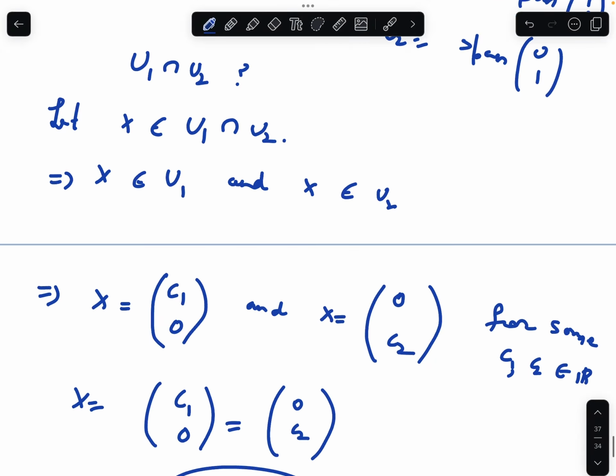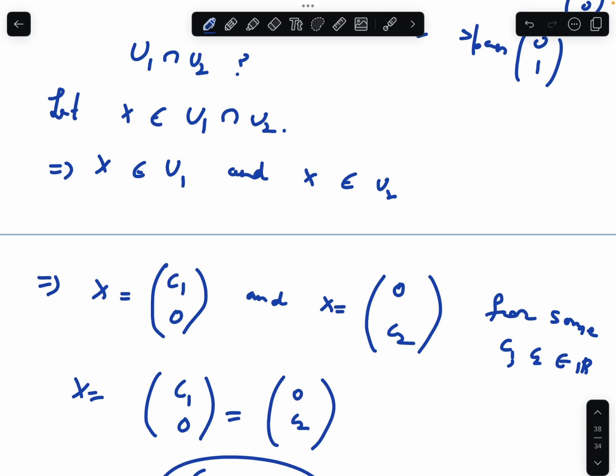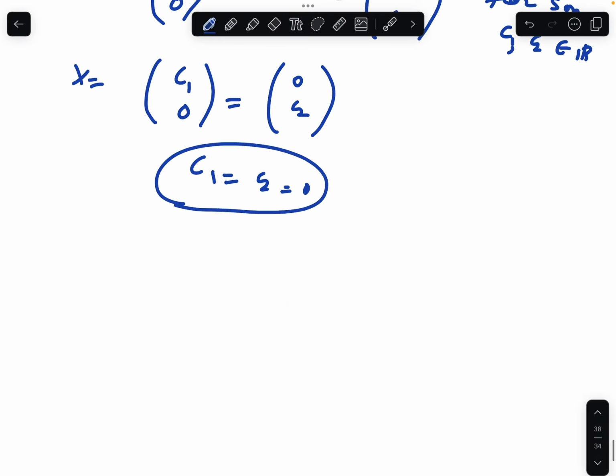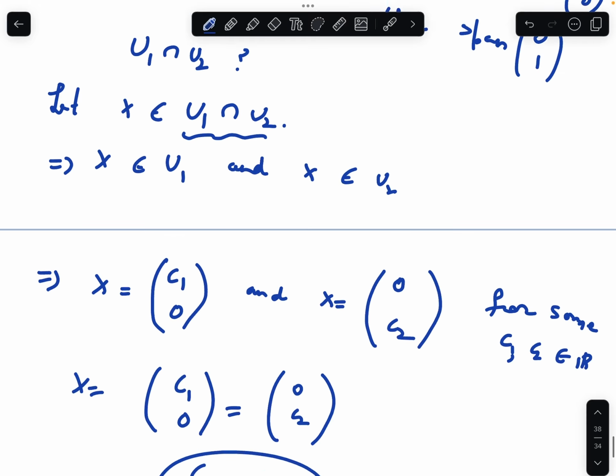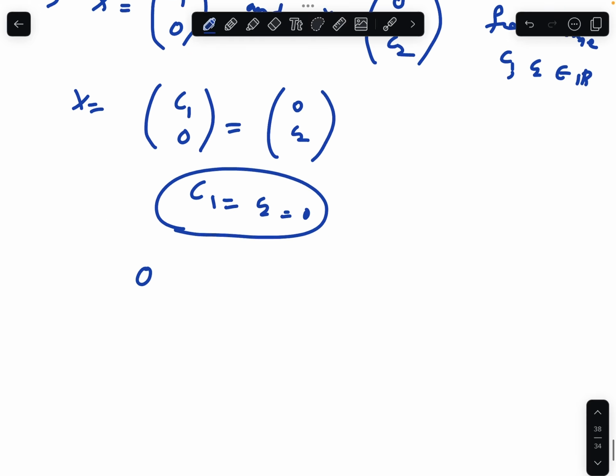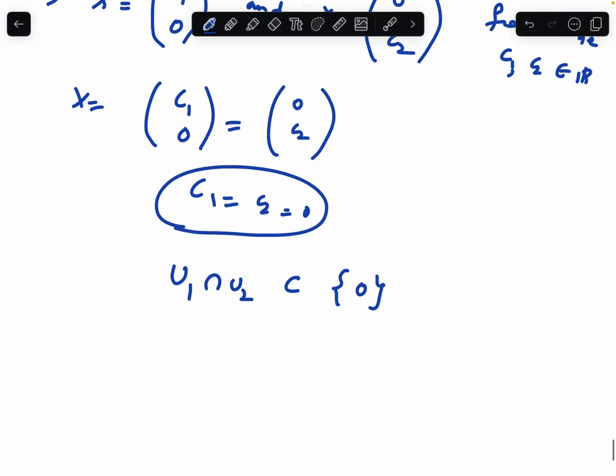So every element in it is just 0, right? So we can say that U1 intersection U2 is a subset of {0}.